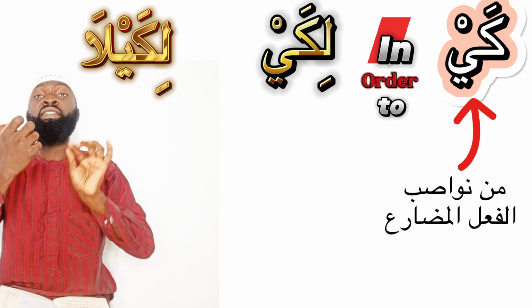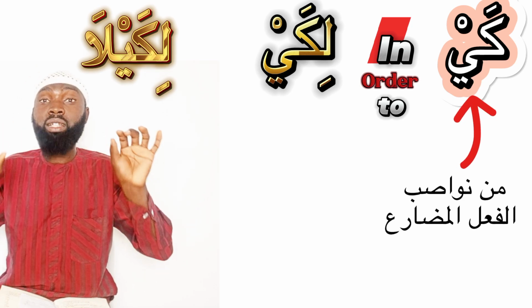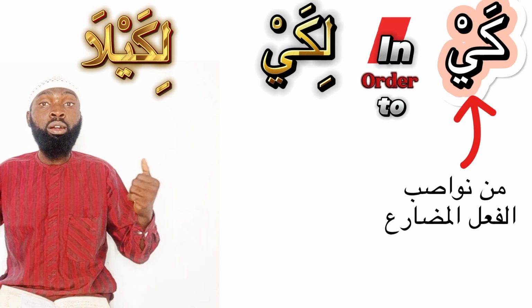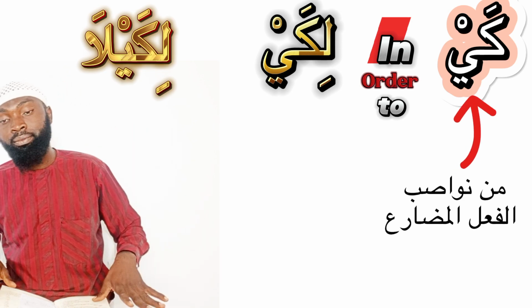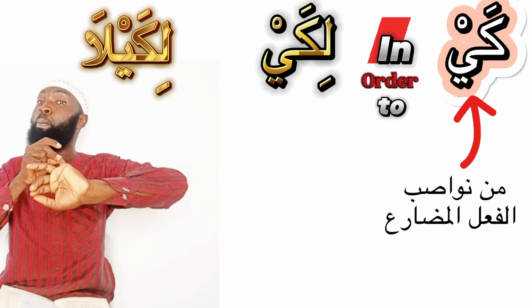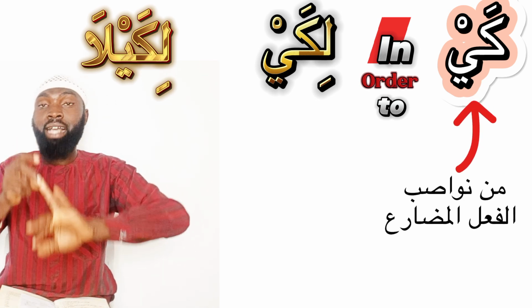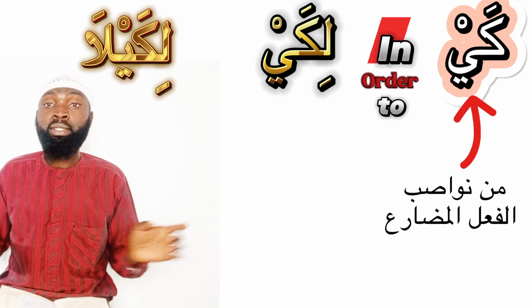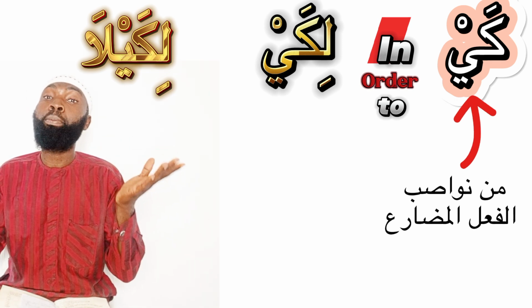We all know that present tense verbs in the Arabic language, which we call af'alul mudari'ah, end with either dhamma, fatha, or sukun. But originally, all present tense verbs should end with dhamma.